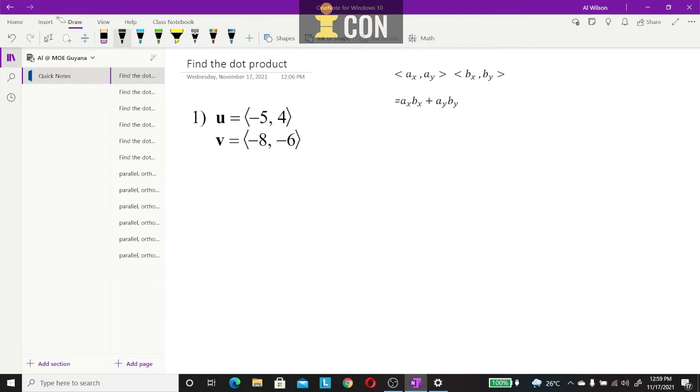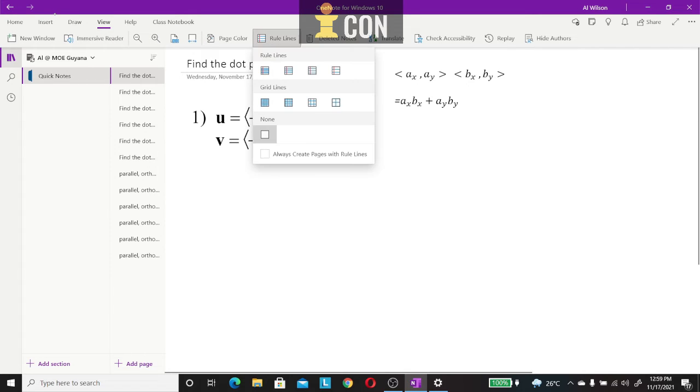So here we actually have the very first question where we have u is equal to minus 5, minus 4, and v is equal to minus 8, minus 6. So in beginning, let me just adjust the view.